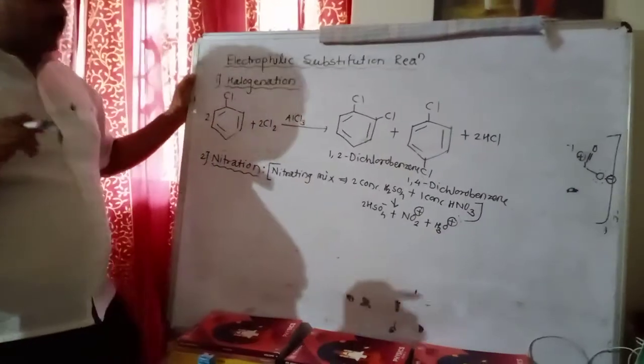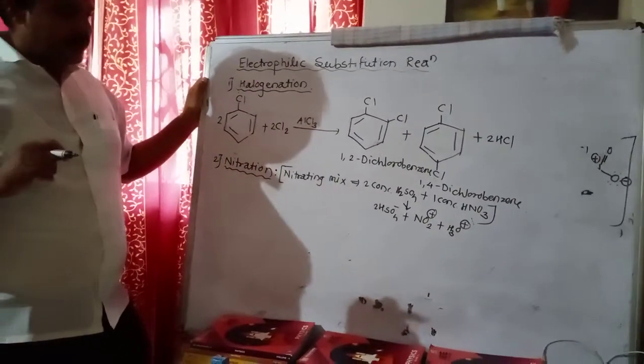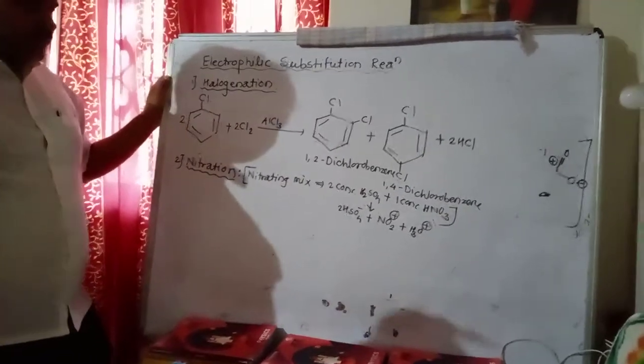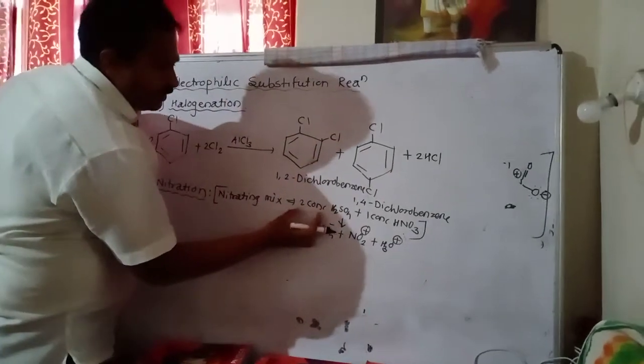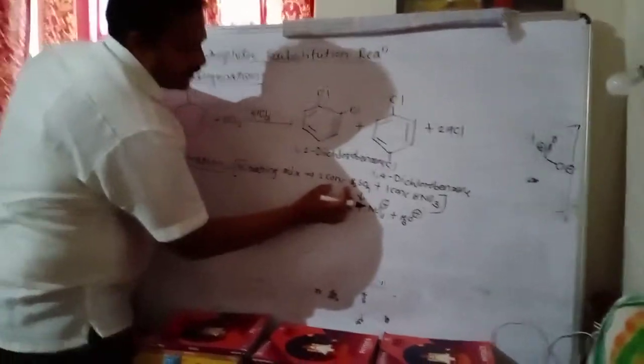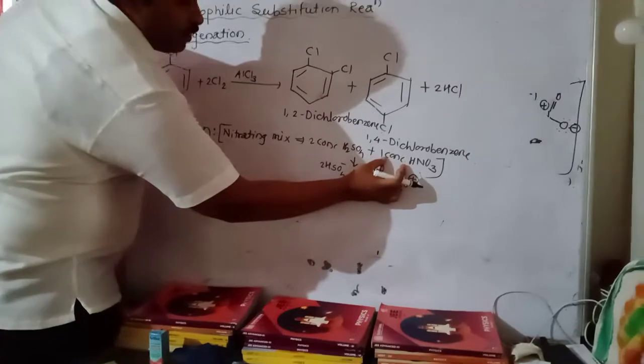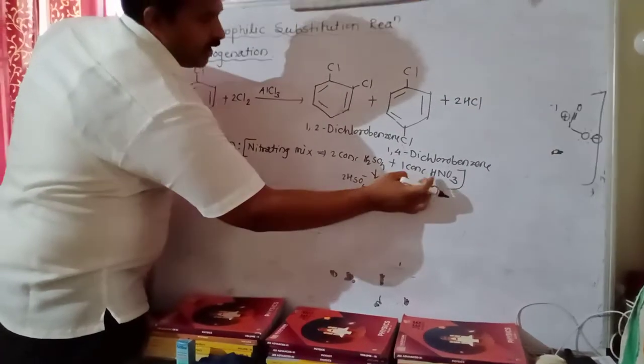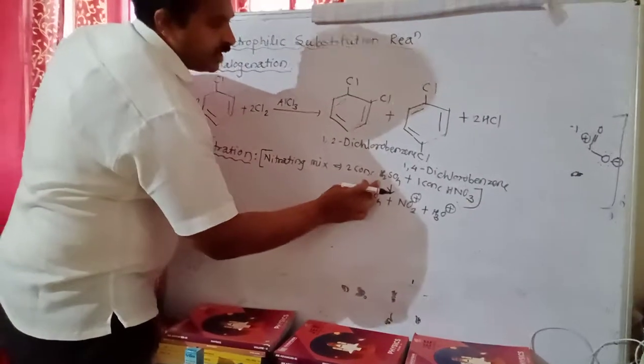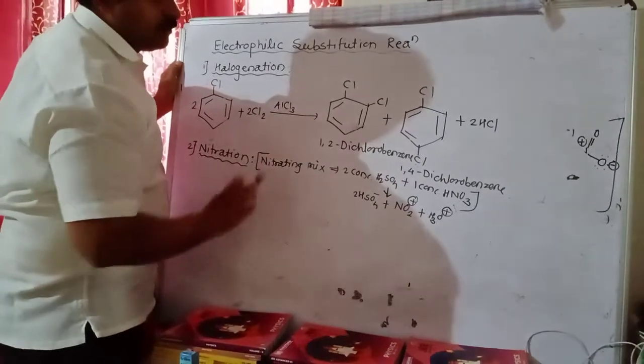Keeping this in mind, what is the meaning of nitrating mixture? In your examination, a fill in the blanks question may be asked. The nitrating mixture is 2 moles of concentrated H2SO4 and 1 mole of concentrated HNO3. HNO3 is nitric acid, H2SO4 is sulfuric acid.